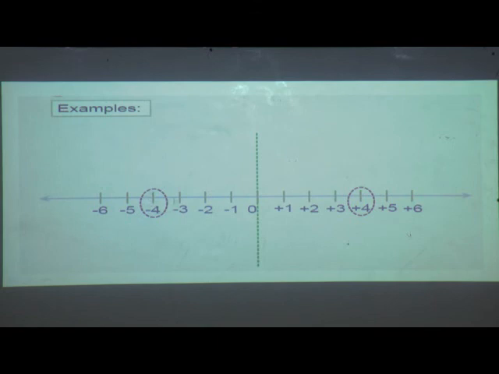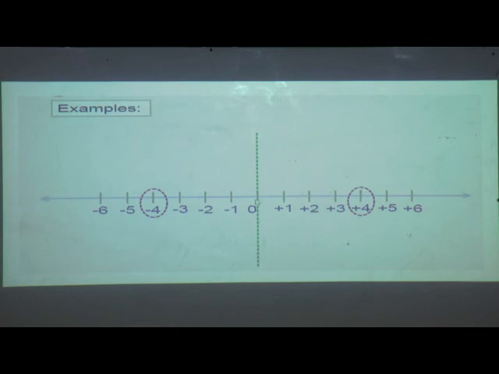If we find the distance, +4 and -4 are equal from 0. That means from 0, if we go towards the right side to represent +4, we moved 4 points, right?